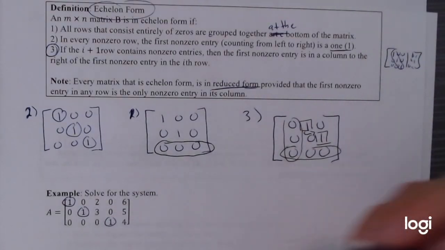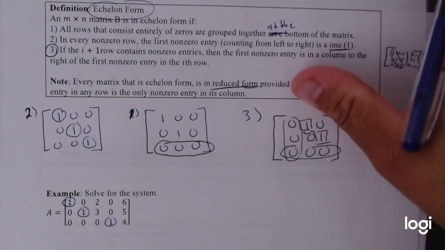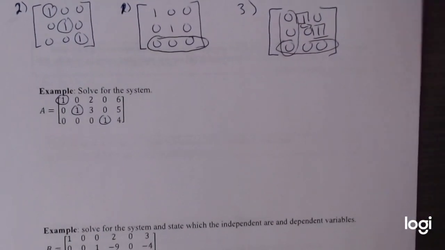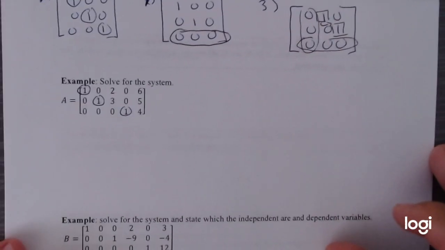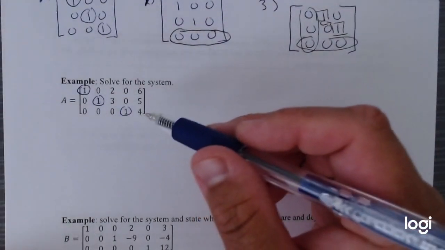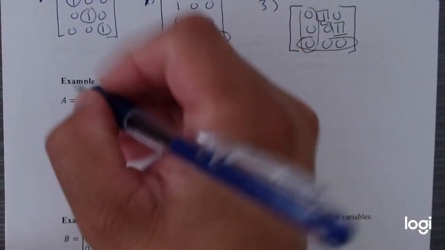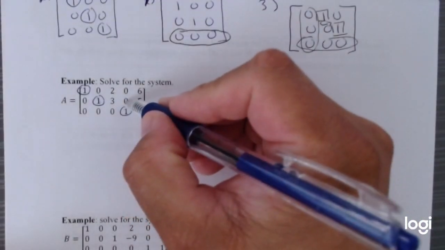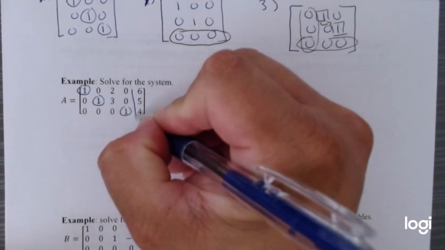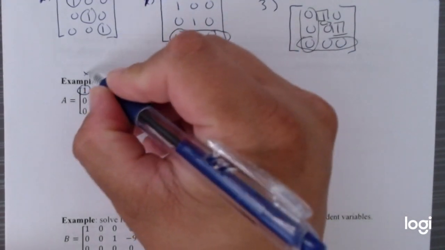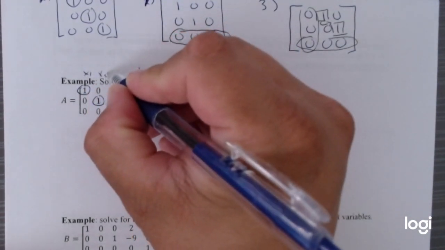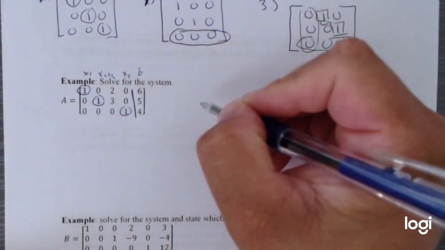But in this case, what are our real answers? At this point, we had no choice but to go backwards, meaning we need to write out the augmented matrix. We have columns 1, 2, 3, 4, and this last column is considered our answers, our b's. So we have x1, x2, x3, and x4. We have 4 different variables.